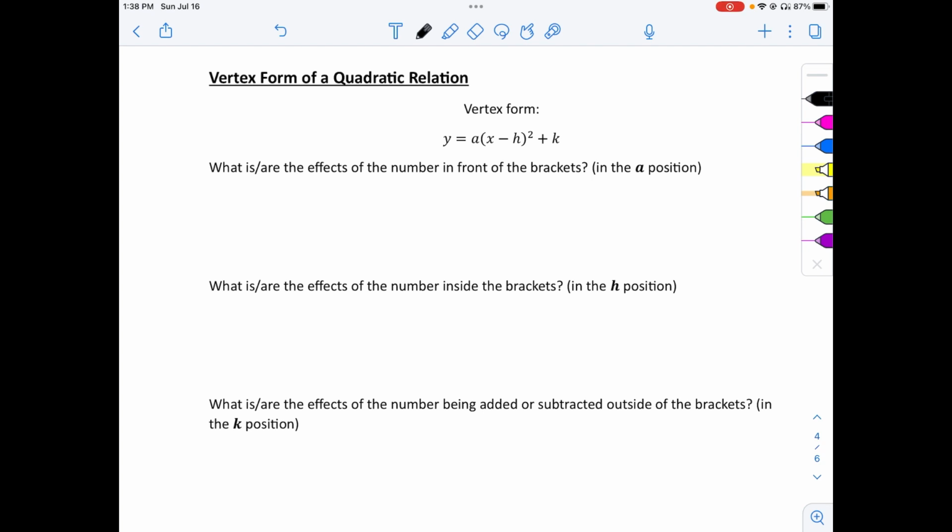So the first thing we can note is that if a is positive, so a is greater than 0, my curve is opening up, like this. So that's kind of a bad diagram. I'll do that again. Opening up like this.